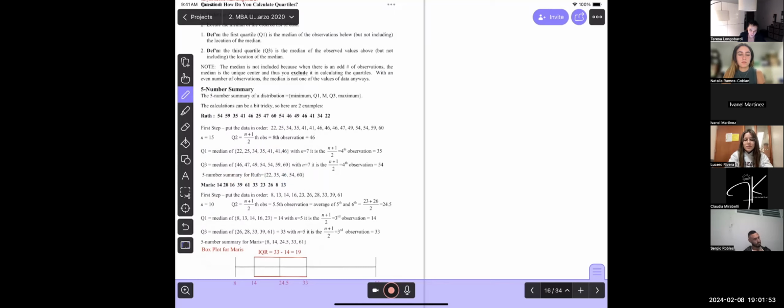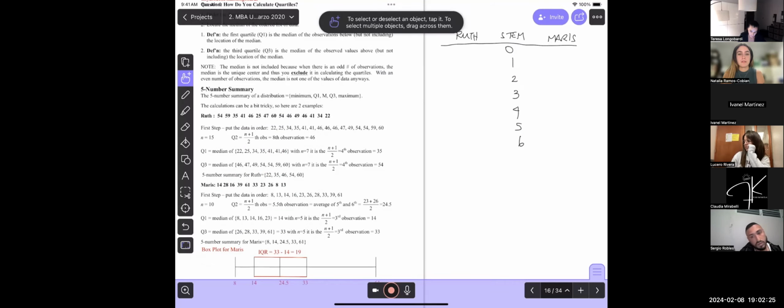So what I'm going to do is make the number line 0, 1, 2, 3, 4, 5, 6. So they're going to share the same stem. And I'm going to put Maris over here, and I'm going to put Ruth over here.